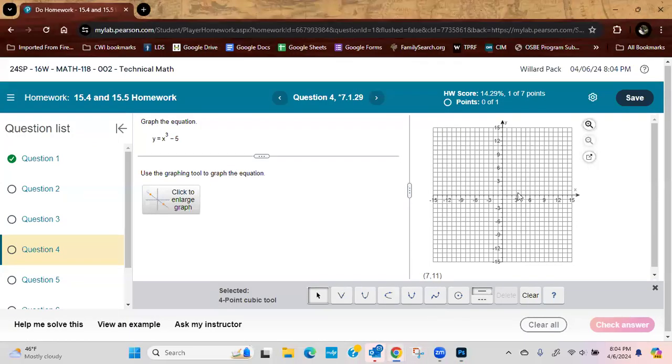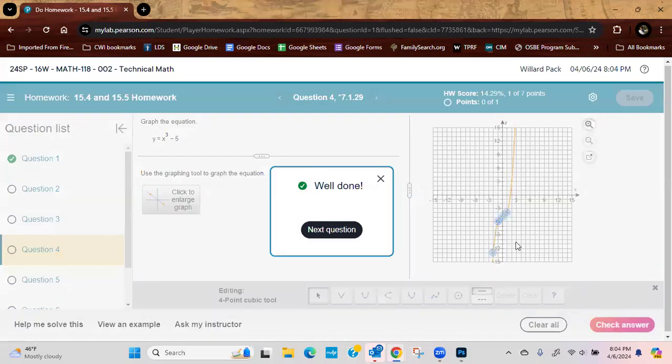So I need to get that one. So -2, -13, that was right here. At -1, we got -6. At 0, we had -5. And at 1, we had -4. And you can see it finishes the graph for me. I can go ahead and check that answer, and we're good.